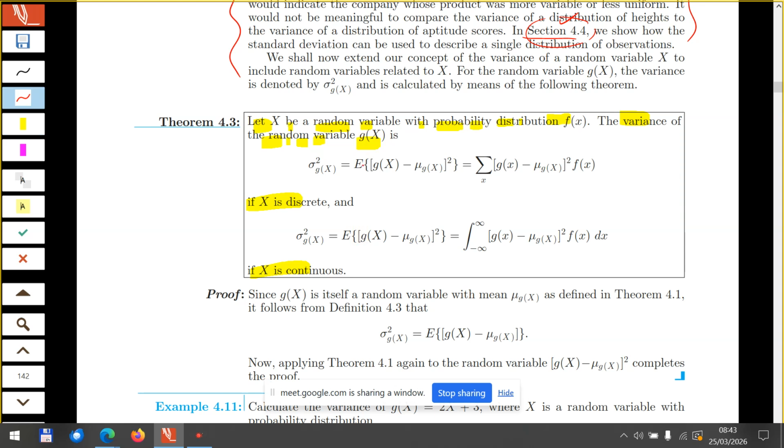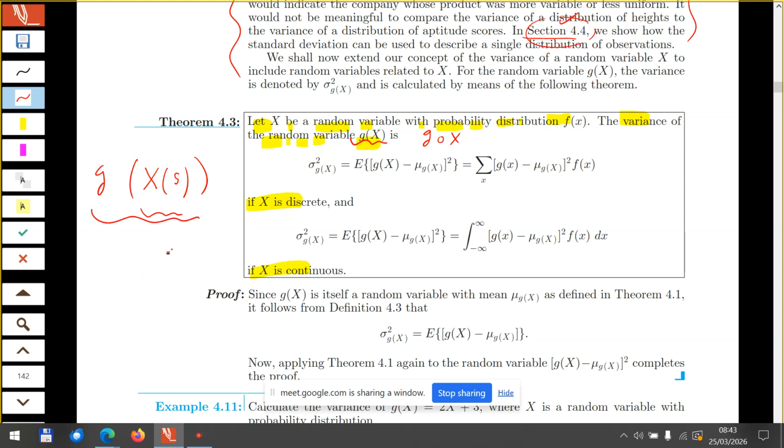And yesterday I also told you that although we write g of x, what we mean is g composed with x, because x itself is not a number, it is a function. So you always need to imagine that if you start with a sample point s, first you apply x, the random variable, then you get a real number, and then you apply g on top of that.